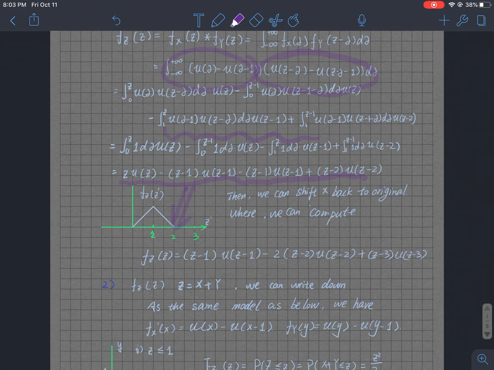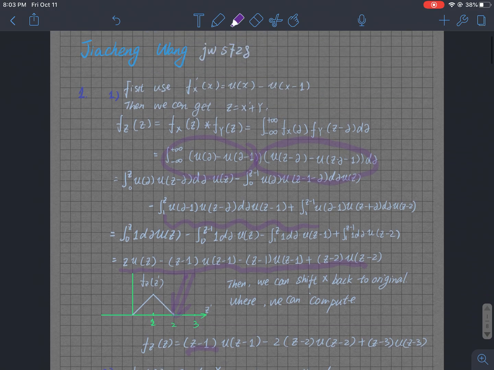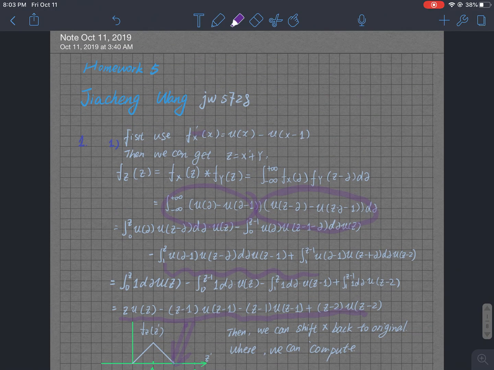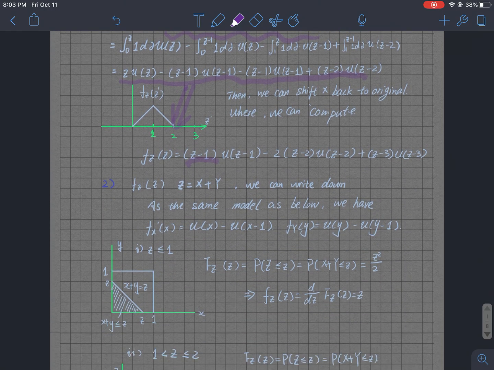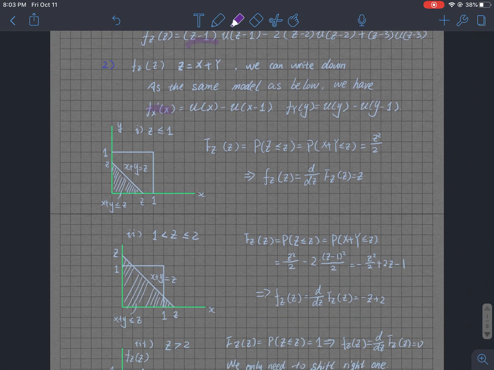And we need to remember that we need to shift one step because we changed the X here. So the same idea here: we change the X first, then we draw the picture of the X-Y relationship corresponding to Z.